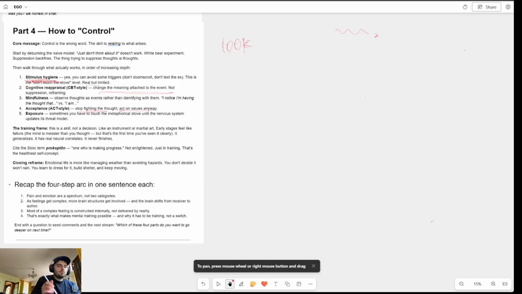Stove until the nervous system updates its threat model. Yeah, that's a really interesting part here. So let's say we've got our brain there, right? And the brain has a fear sensor for, I don't know, spiders, right? And this sensor is overreacting all the time.